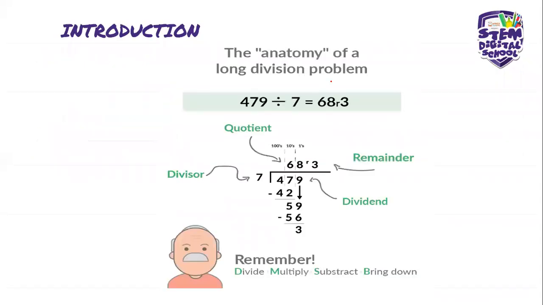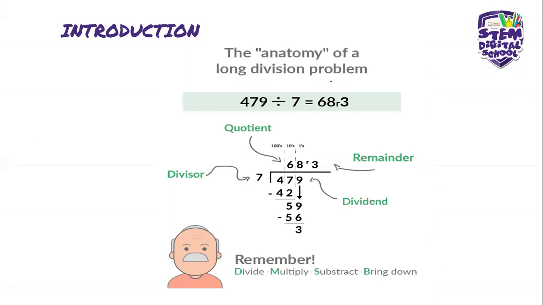Next slide. So we're looking at long division in general. There are a few things that you need to know. You need to know your divisor, your dividend, and your quotient. At times, there are chances where you can meet a remainder.